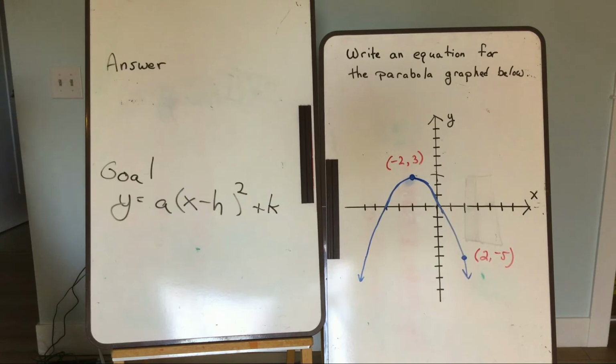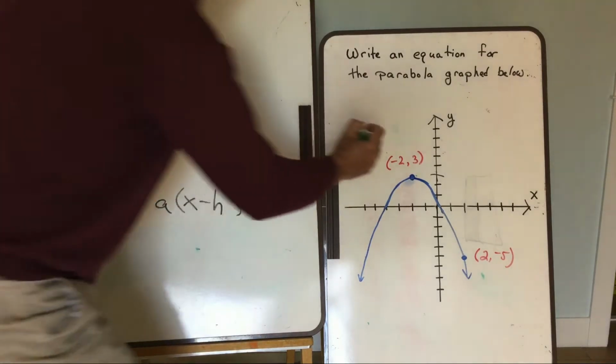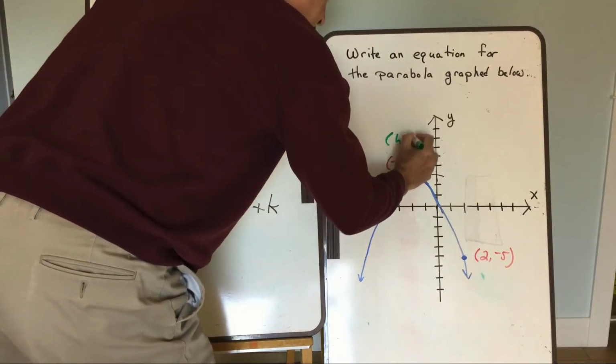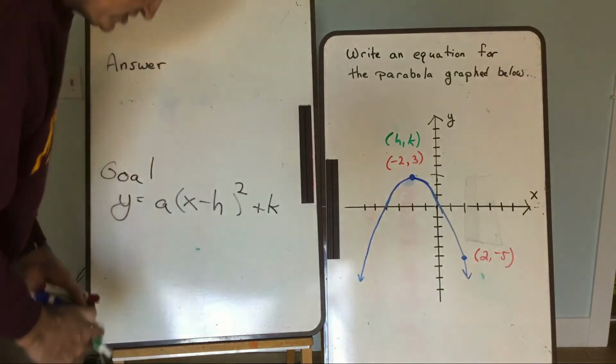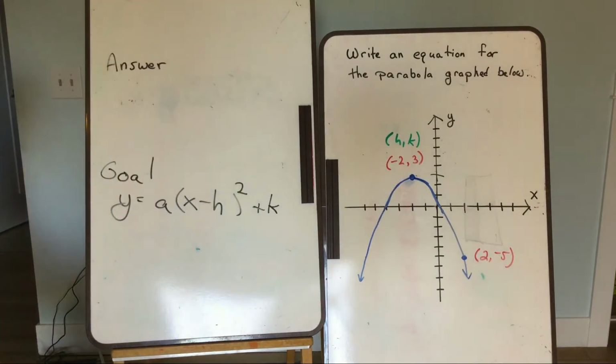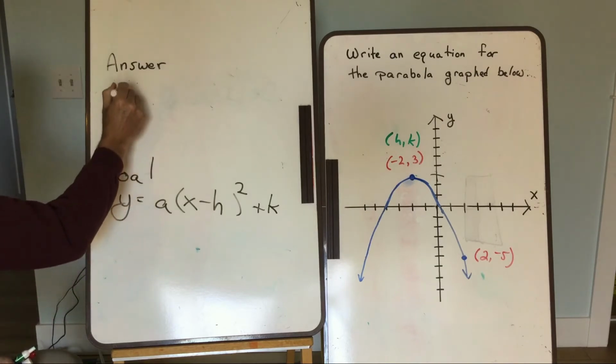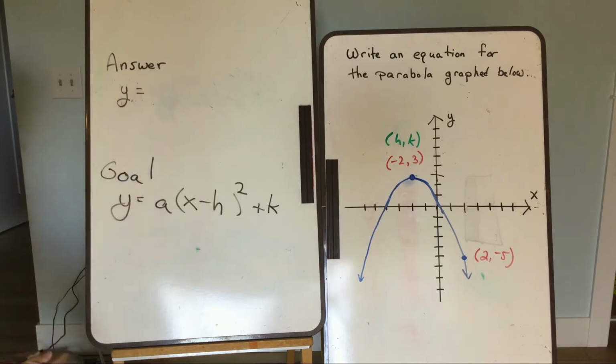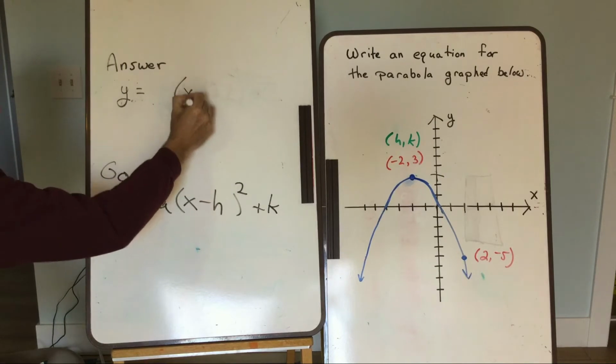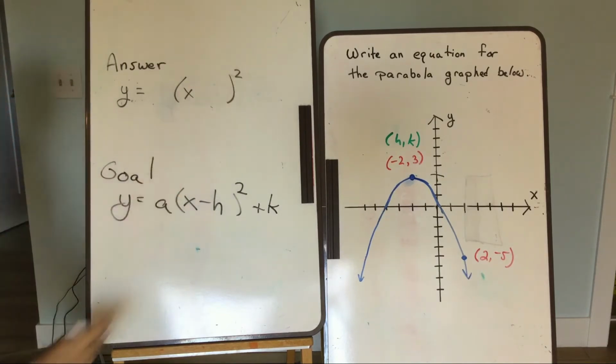Given our graph, the first thing we need to do is identify the vertex, which is at (-2, 3). The vertex at (-2, 3) gives us the values of h and k, and so we can write most of our answer. Our answer is y equals; all parabolas have an x squared.